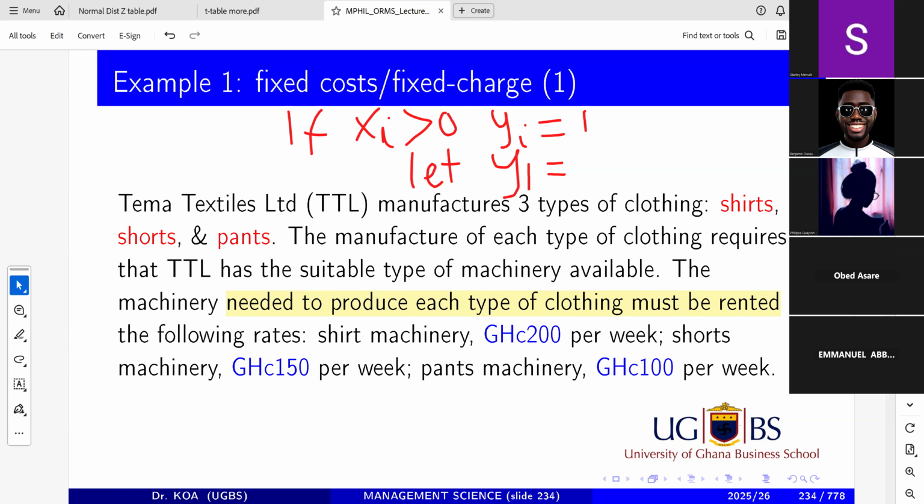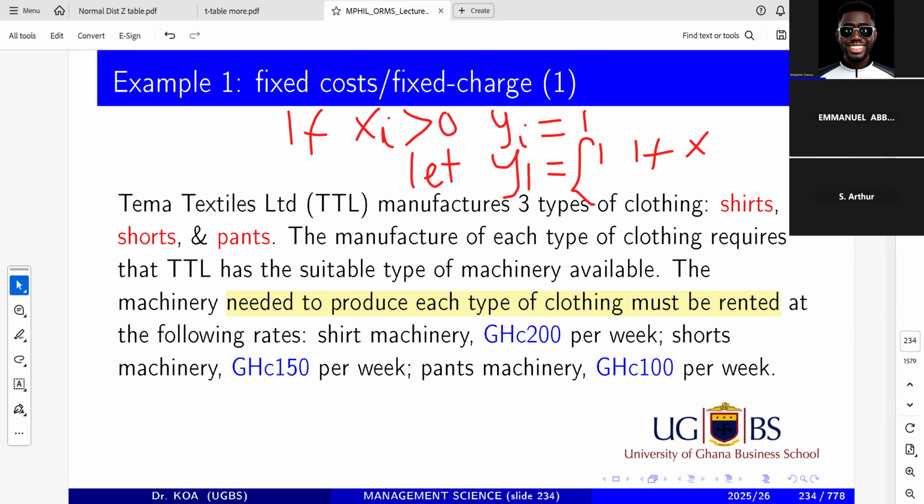Stanley. Yes, it's an if. The condition should be if the machine is used to produce shirt. If the shirt is not produced, then there has to be zero production. Exactly. So Y1 should be 1 if X1 is being produced.